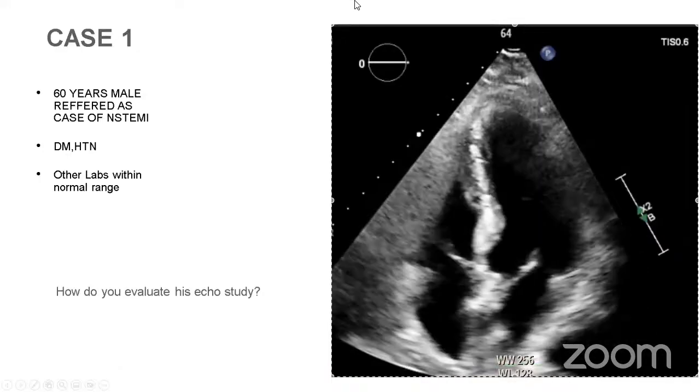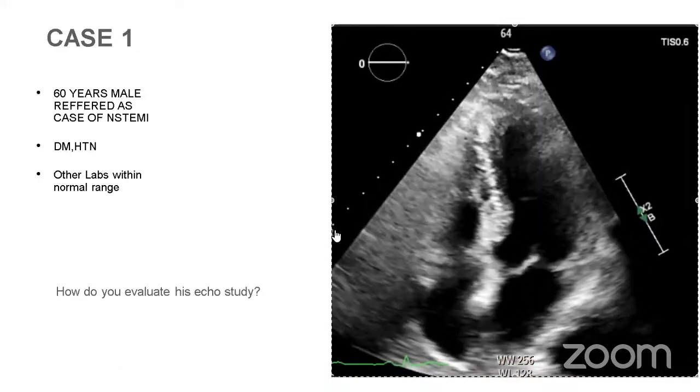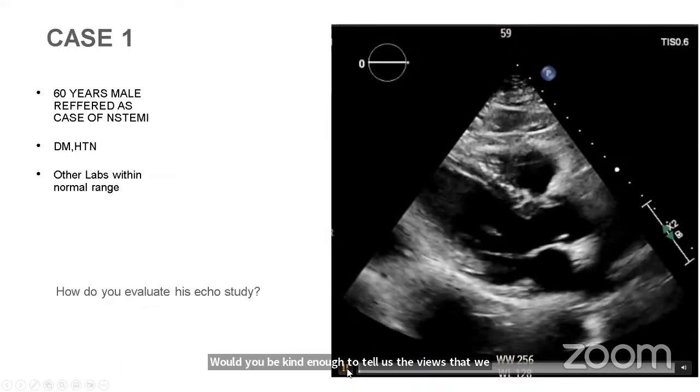Dr. Amjad? دكتور نور أبو قمي موجودة معنا؟ طيب مين قدم عليكم؟ دكتورة نور. دكتورة نور, would you be kind enough to tell us the views that we are watching in this echo?